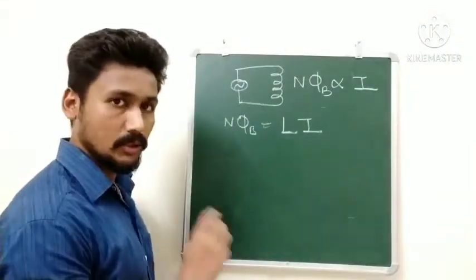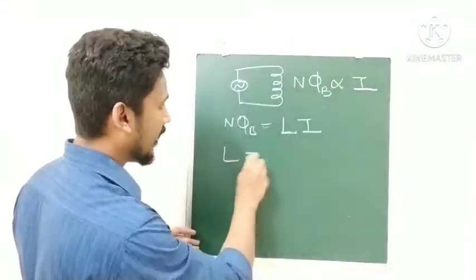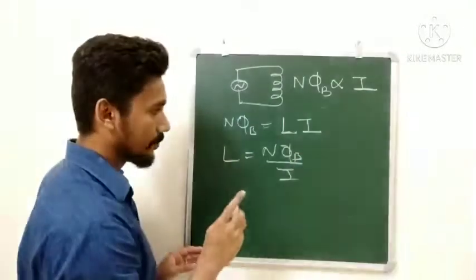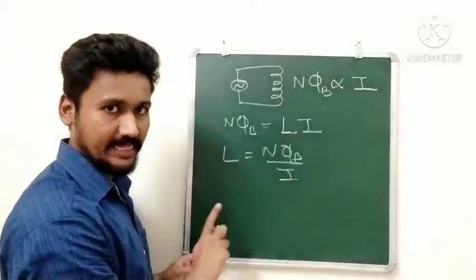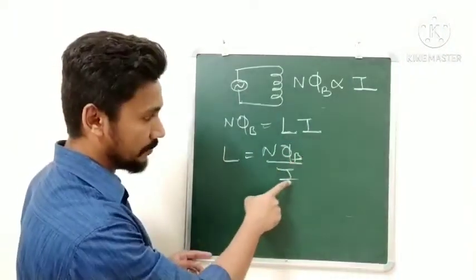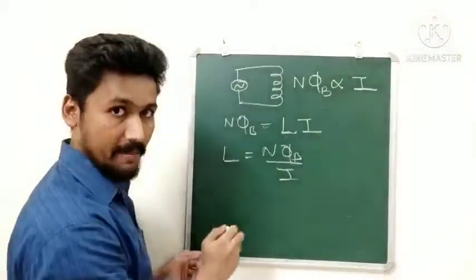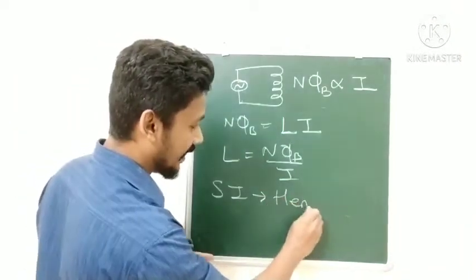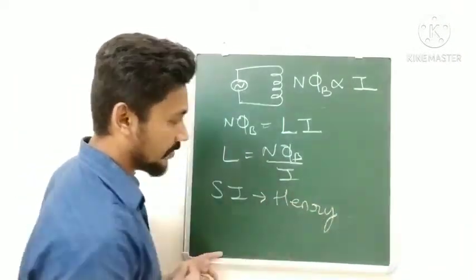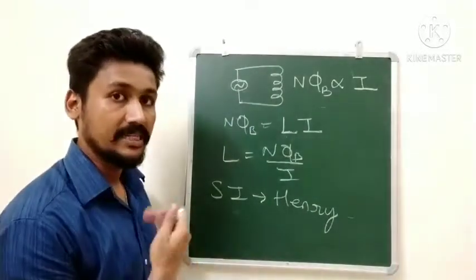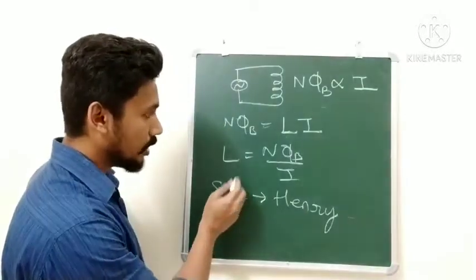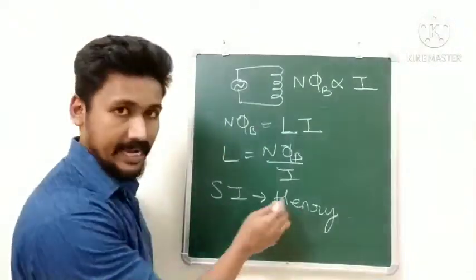The SI unit for it is Tesla meter square per ampere, but it is given a special name, Henry. It is named after the American scientist Henry, who discovered the phenomenon of electromagnetic induction. So the SI unit of inductance is Henry.